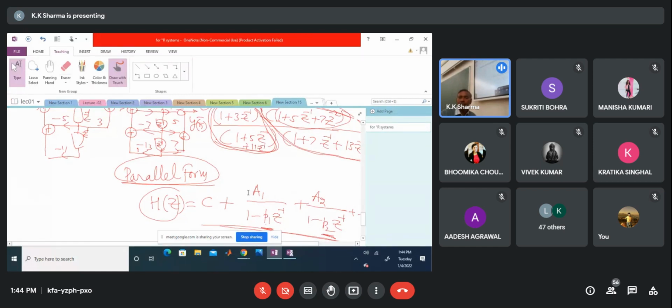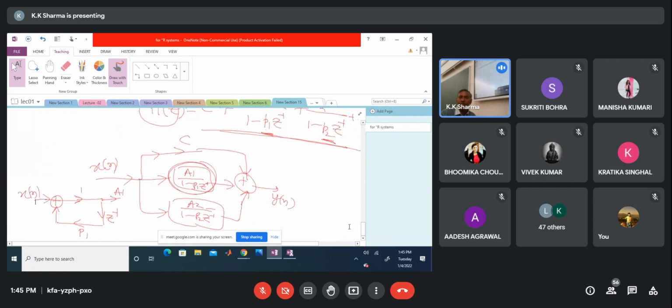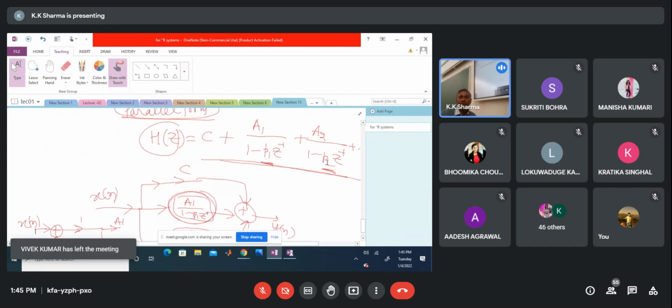Because if some of the coefficients A1, A2 and P1, P2 are complex, then in general complex multiplication will require more computation than real multiplication. So you generally avoid multiplication by complex numbers. In that case, you can always combine. Your P1 and P2 will be complex conjugates of each other, and likewise A1 and A2 will also be complex conjugates. Is that clear?